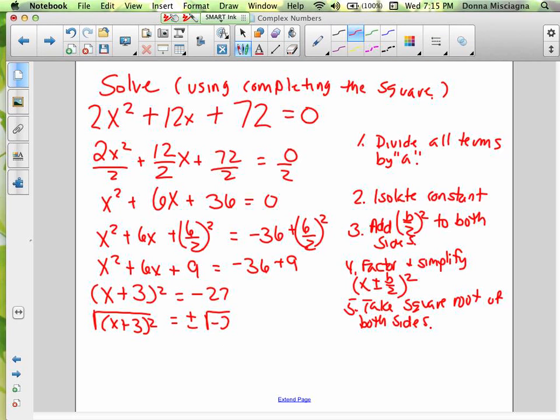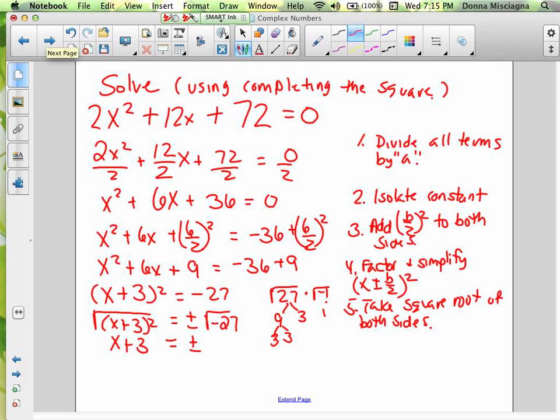Make that look a little nicer. All right, square and square root cancel, so this is x plus 3 over here. And then we can simplify 27. That's 9 times 3. 9 is 3 times 3. And don't forget to multiply that by the square root of negative 1, which is just i.